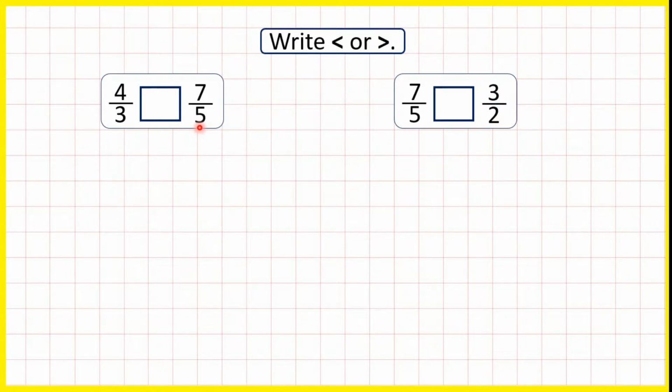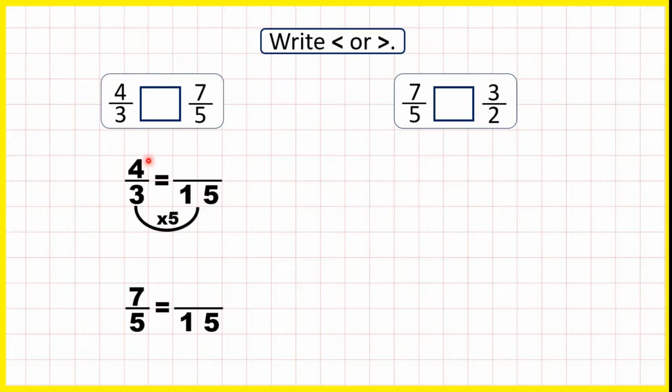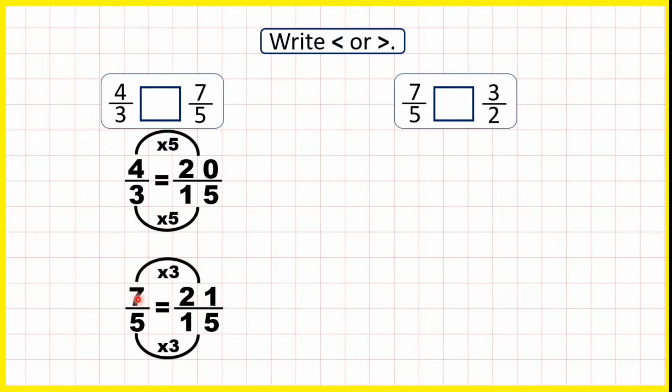Now 15 is in both the 3 and the 5 times tables, so we can find equivalent fractions to 4/3 and to 7/5, which have a denominator of 15. 3 times 5 is 15, 4 times 5 is 20, 5 times 3 is 15, 7 times 3 is 21. So we know that 7/5 is our larger fraction.